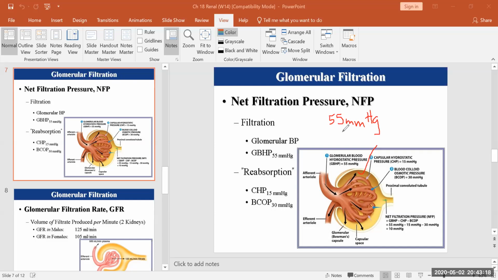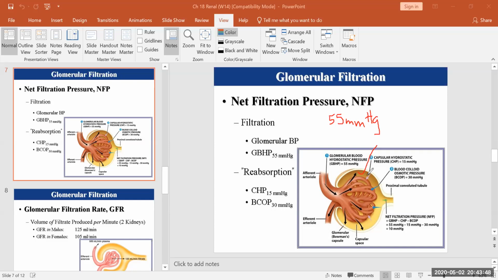What matters is the concept, right? So either 55 or 60, that's the blood pressure that promotes filtration, promotes blood plasma to leave the glomerulus and go into the glomerular or Bowman's capsular space. The 0 millimeters of mercury in your book, that's exactly it. This is due to the, how do I say this?